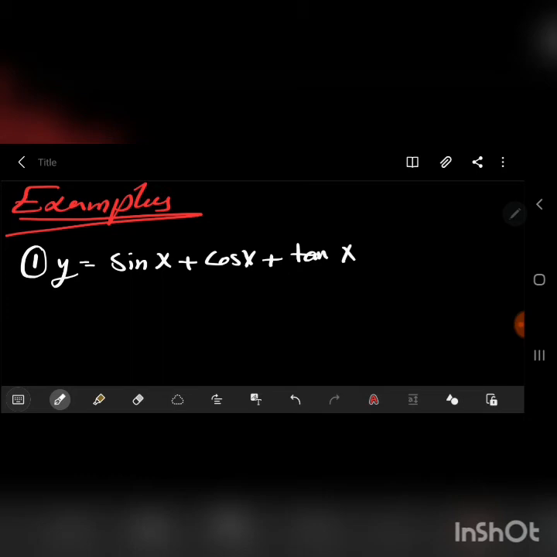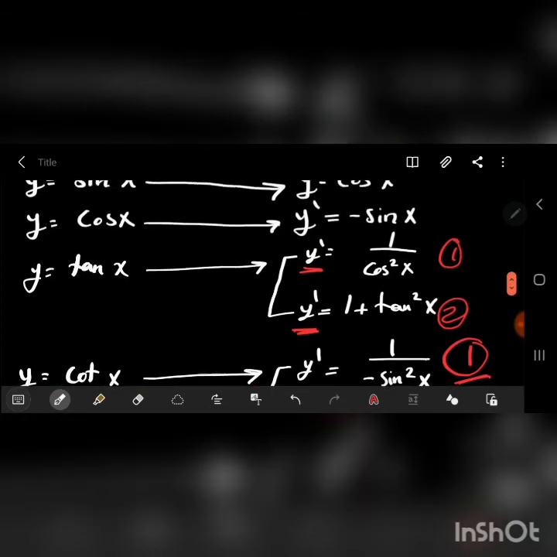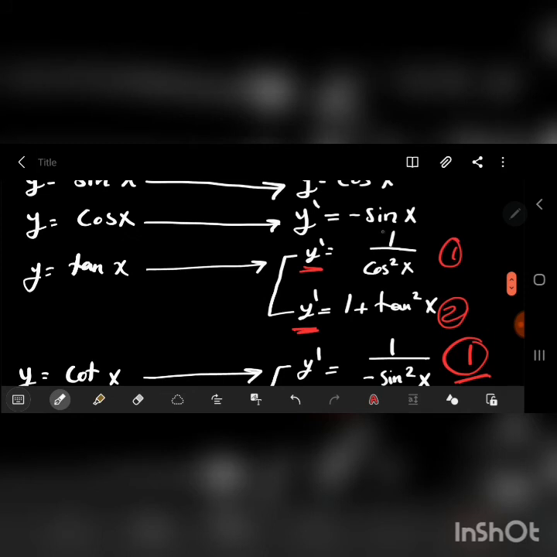What will be its derivative? y prime equals sine x, its derivative cosine x, plus cosine x, its derivative minus sine x. Tan x, we had two derivatives, either 1 over cosine square x or 1 plus tan square x.